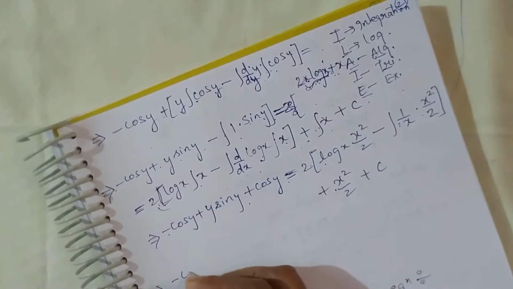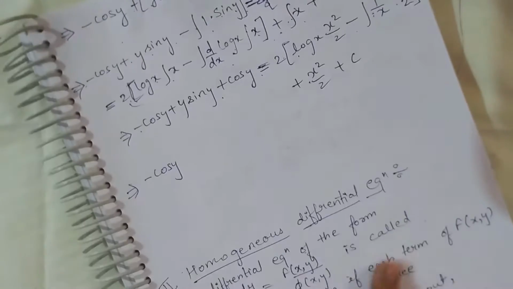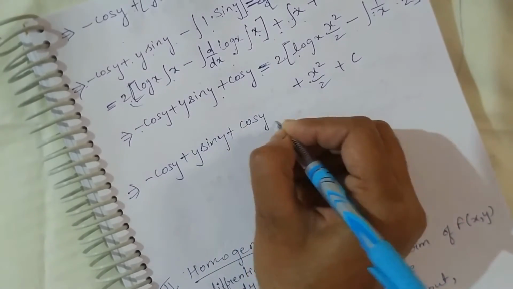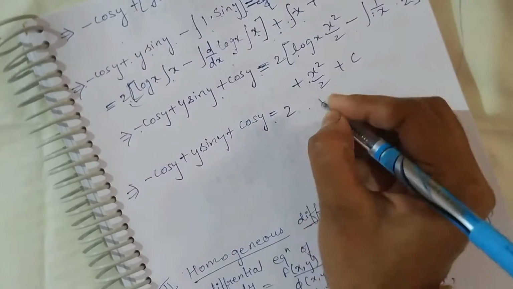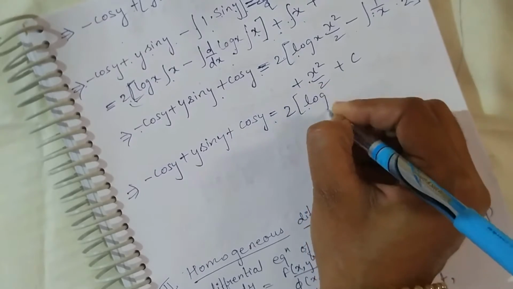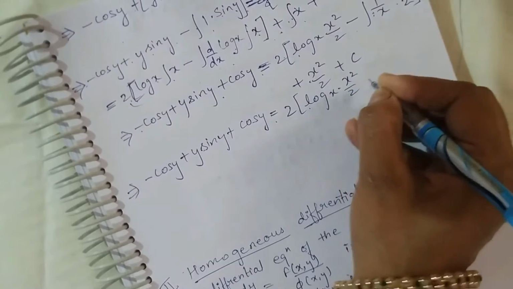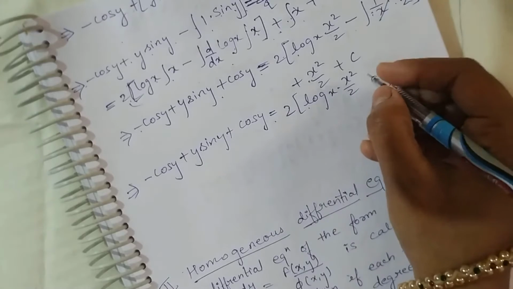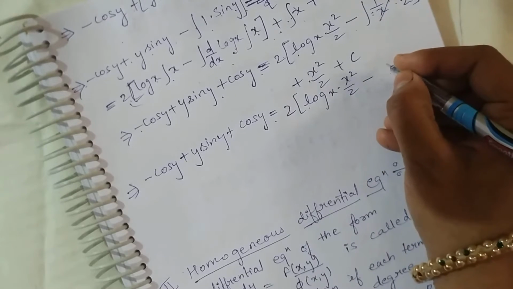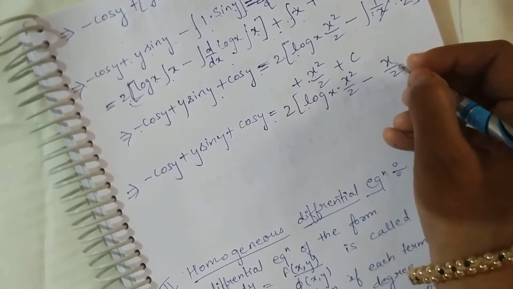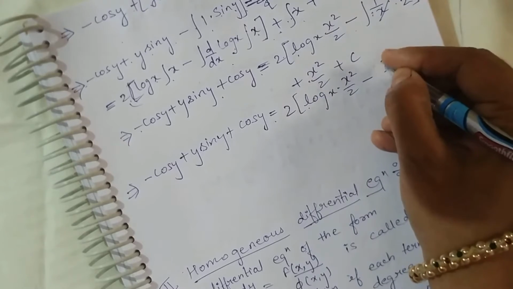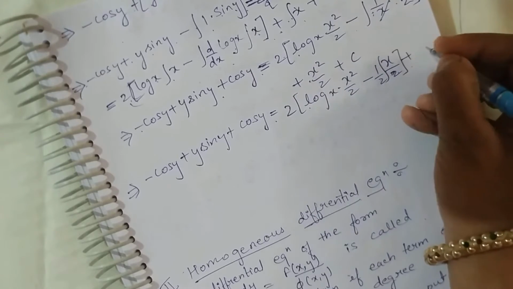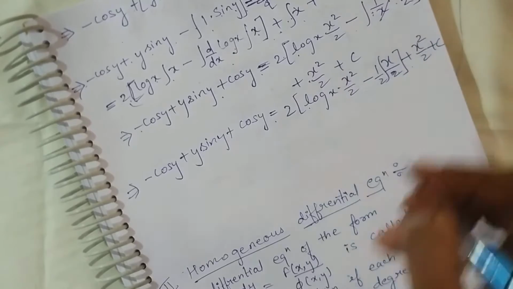We get minus cos y plus y sin y plus cos y equals 2 times log x times x square upon 2. Here x gets cancelled. We get minus x upon 2, the 2 also comes outside, the integration of x, plus x square upon 2 plus c.